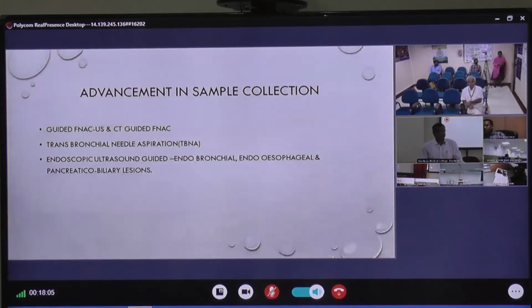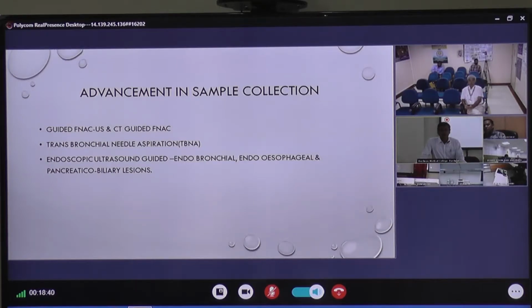Now we have seen advancement in almost all steps of cytology, starting from sample collection, where we have seen the aid of radiology and endoscopy. We can access intra-abdominal or intrathoracic lesions under the guidance of ultrasound or CT. Similarly, there are some lesions in the endobronchial, endoesophageal, or pancreaticobiliary tree that are very difficult to access.